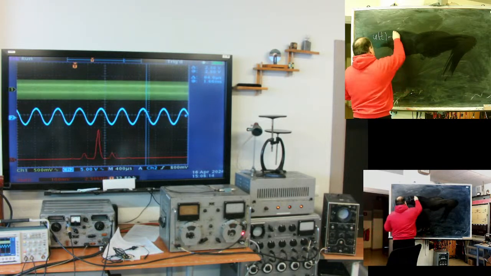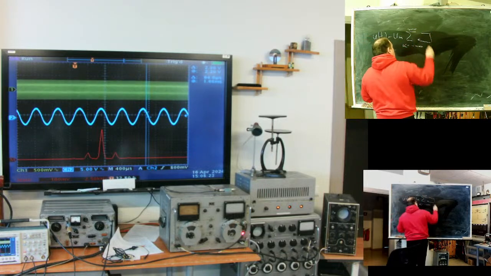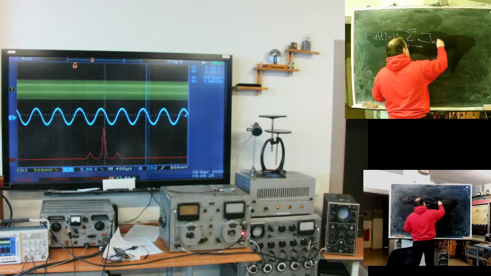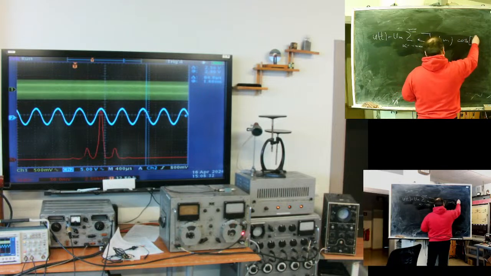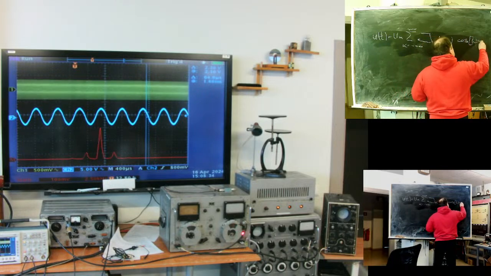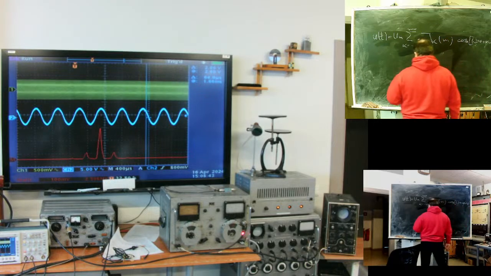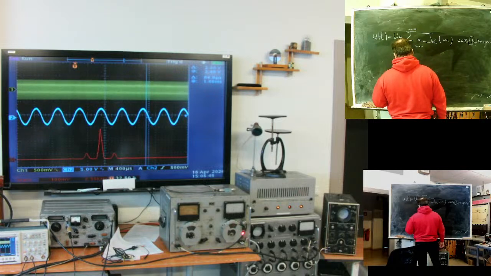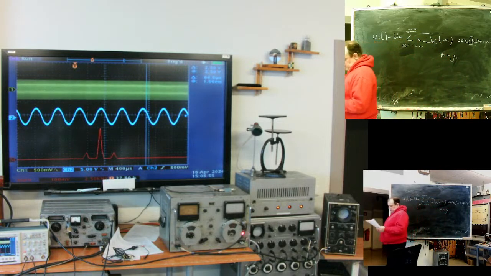It can be decomposed as the sum where k goes from minus infinity to infinity, of the Bessel function of k order multiplied by cosine of omega 0 plus k omega s times t. Here take m equal to beta. You will need a Bessel function of k order.